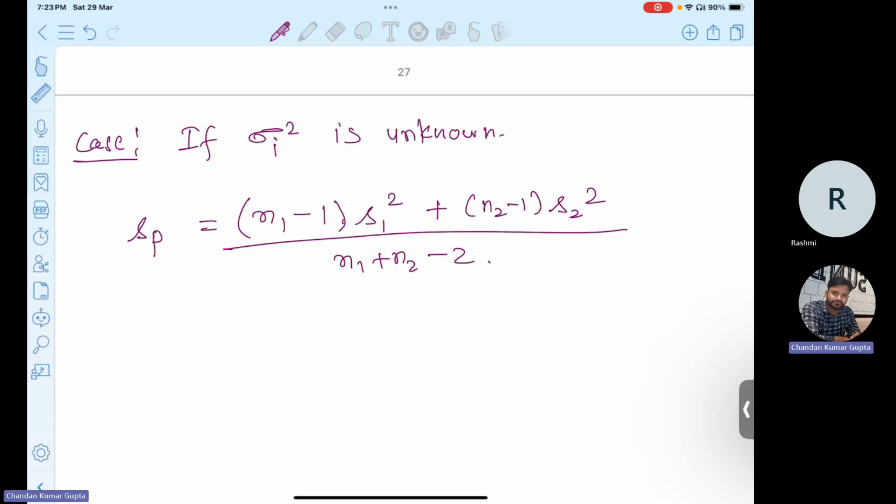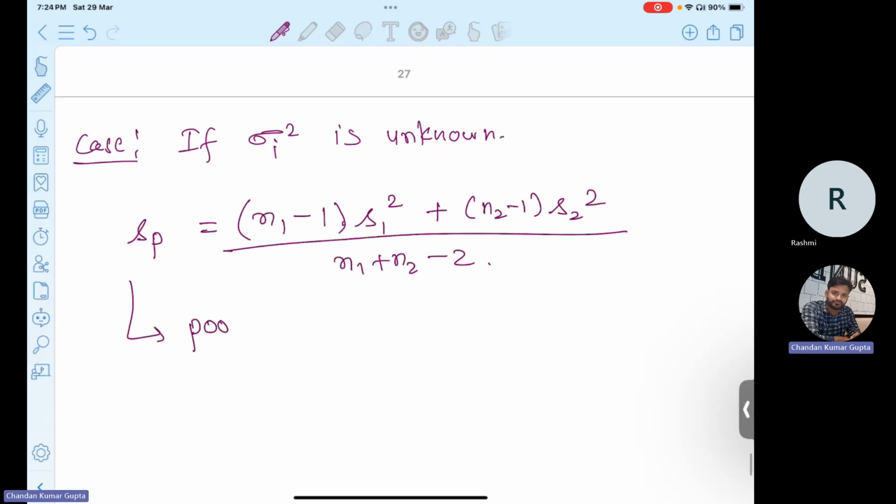This is nothing but the weighted mean of the individual sample variances, and this is called the pooled variance.